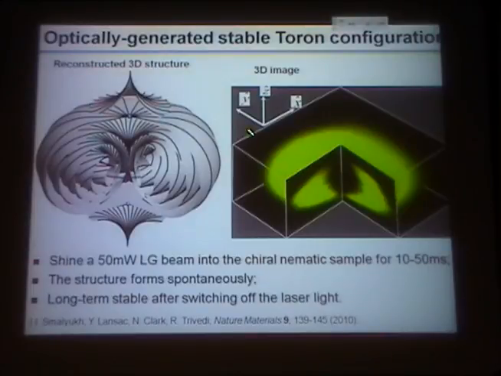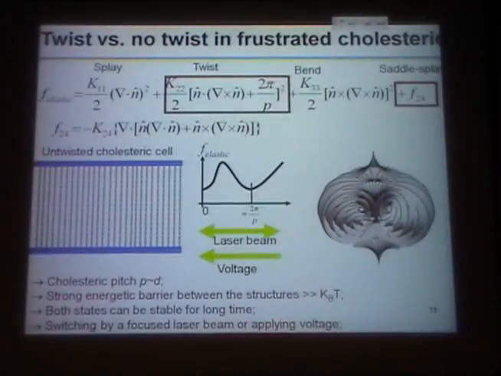Because those bend and splay distortions around will decay with distance, and therefore we can embed it into a uniform liquid crystal cell. So now the question arises, why are those types of structures stable over a long period of time? Why is it that they can exist even after we turn off the laser beam?